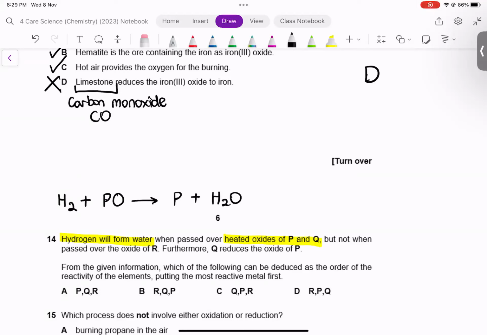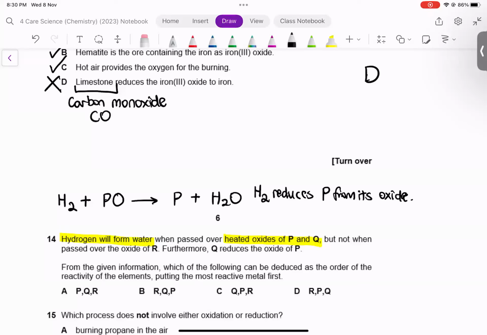H2 plus the oxide of P, PO, forms P and H2O. So what has actually happened? What has actually happened is that hydrogen reduces P from its oxide. Hydrogen can reduce P from its oxide.